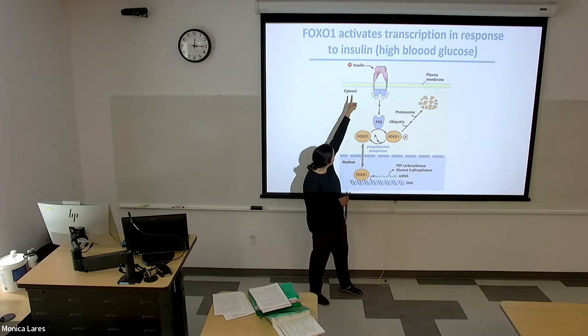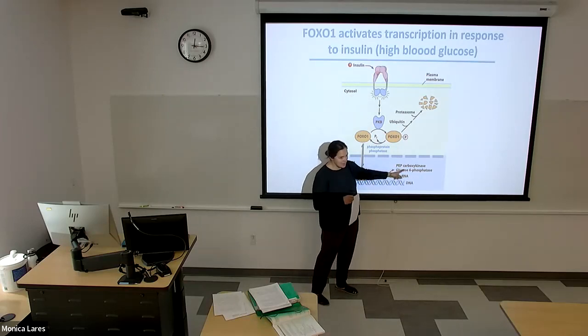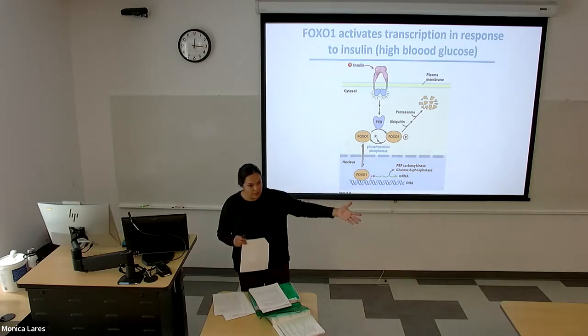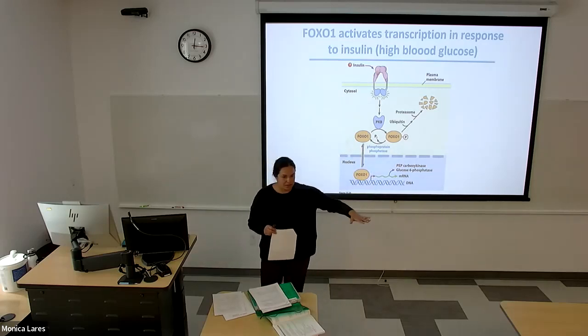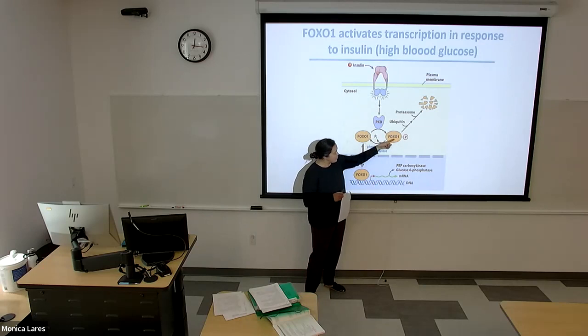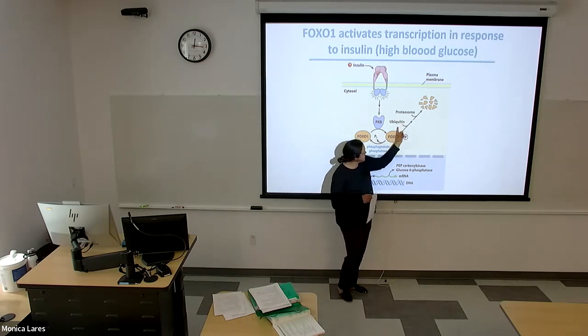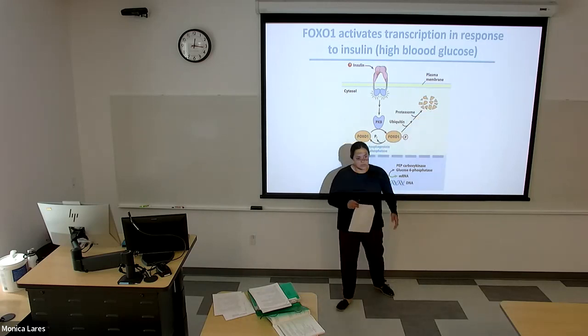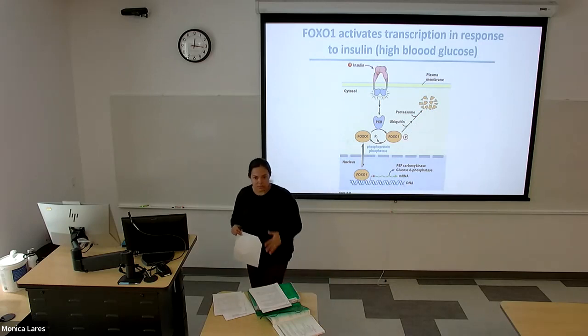Because if we have insulin, we don't want to be activating gluconeogenesis. Insulin is saying plenty of glucose in the blood. So normally this would be doing gluconeogenesis, but in response to insulin, it phosphorylates that transcription factor, it cannot enter the nucleus, and instead it gets tagged for degradation, which is good in response to insulin.